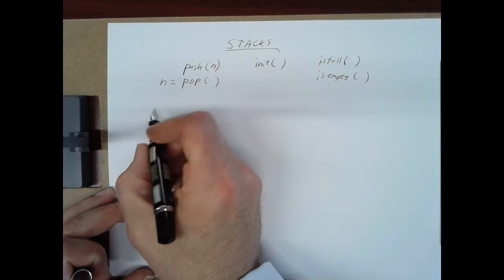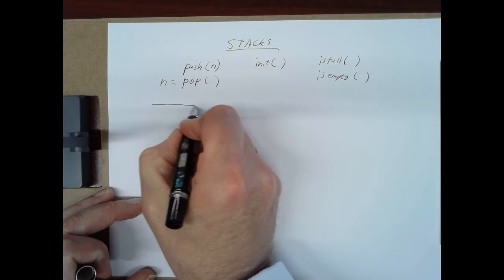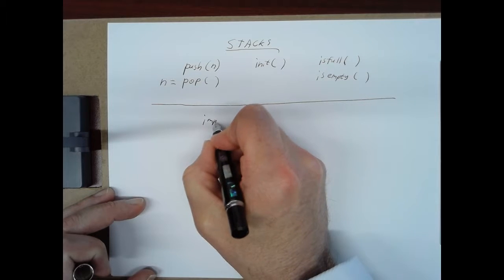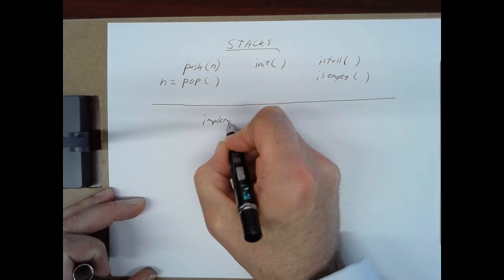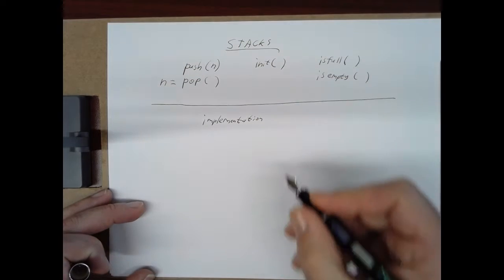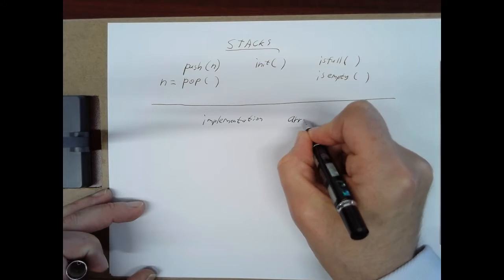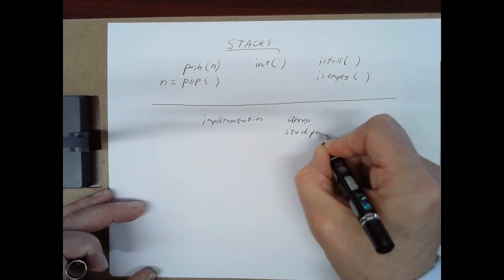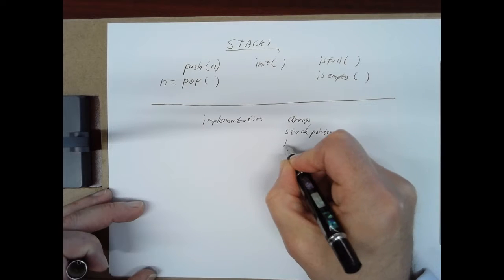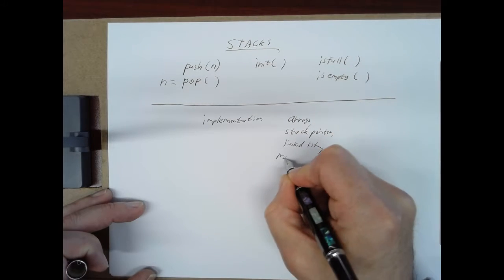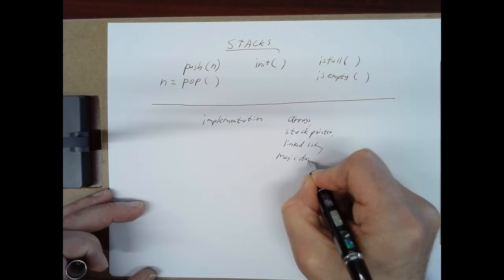All right, so how do we implement stacks? We can use arrays. We can use a stack pointer. We can use a linked list. We could use magic dust.